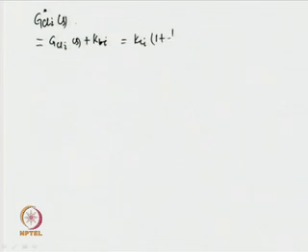GCLI star S is defined as GCLI S plus KBI, which is equal to KCI times 1 plus 1 upon TIIS plus TDIS plus KBI.